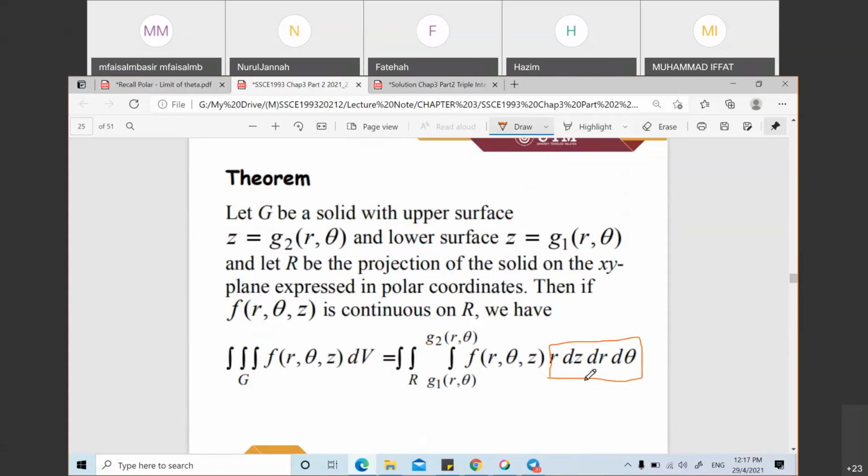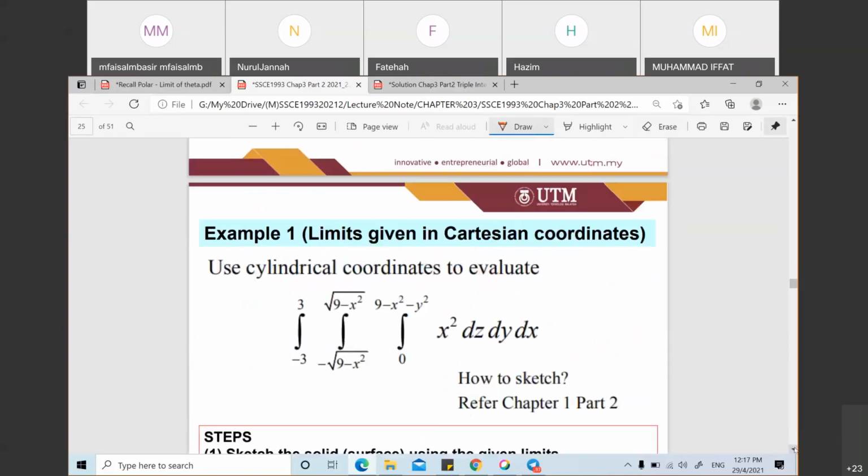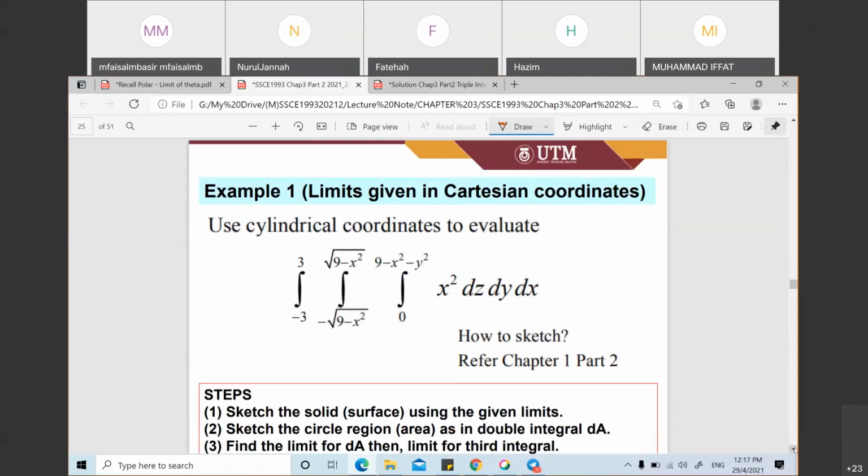Remember, your dr d theta is actually a projection from the xy plane. So if r at theta, you just see the xy plane. Is that the increment or decrement? This is so easy. Cylindrical is easier than the spherical. Okay, use the cylindrical coordinate to evaluate this.